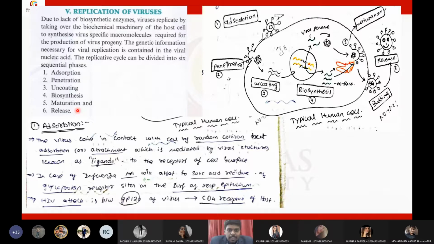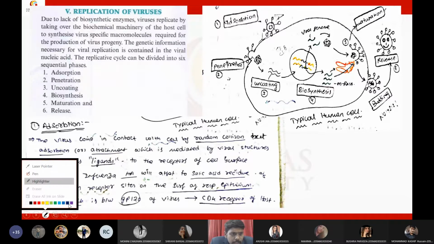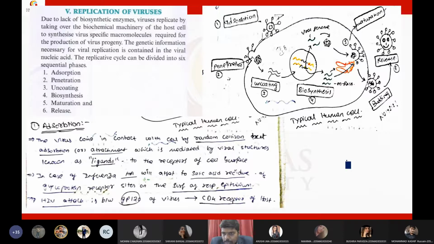Let us take one example of attachment. Let us take a helper T cell. I will draw a small diagram. So this is a helper T cell. On the surface of the helper T cell, we have receptors. That receptor is the CD4 receptor. The CD4 receptor is a helper T cell receptor.